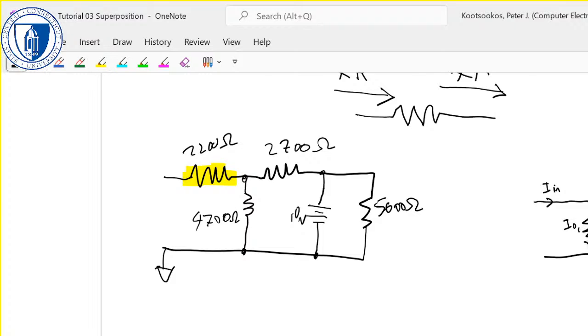So I can just redraw the circuit as, let's center it on the 10 volts.